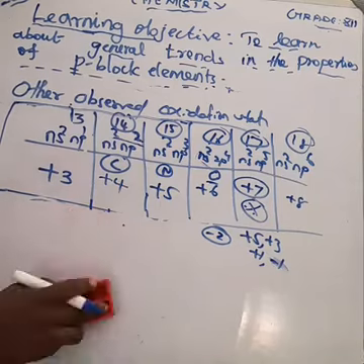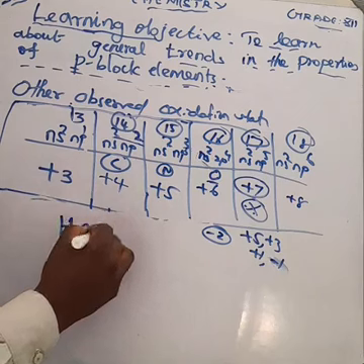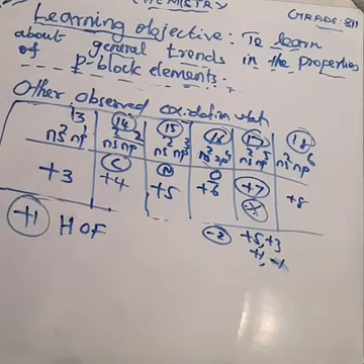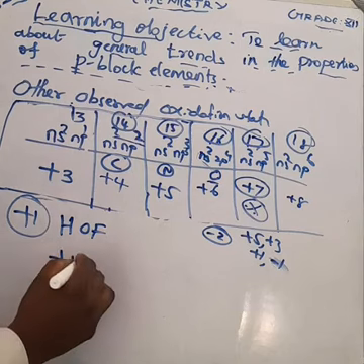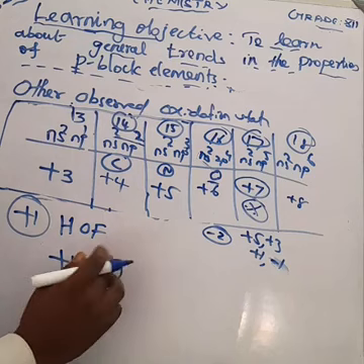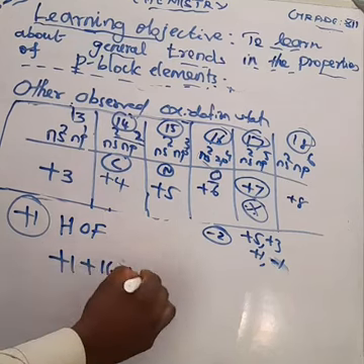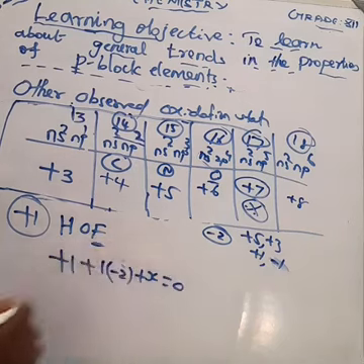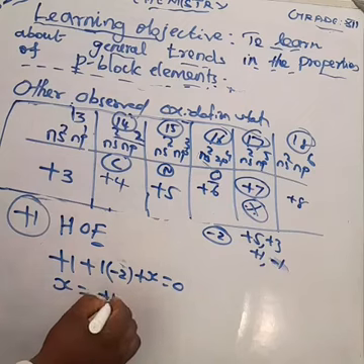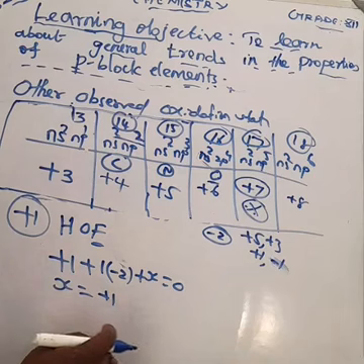What about the plus 1 oxidation state? That means HOF, hypofluorous acid. We take the halogen as plus 1. Oxygen, we know, is minus 2. Am I right? So we write plus 1 minus 2 plus X equal to 0.